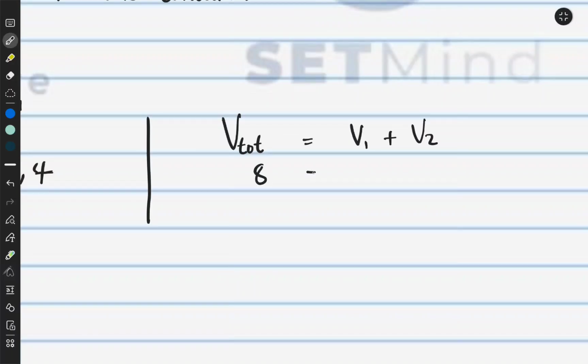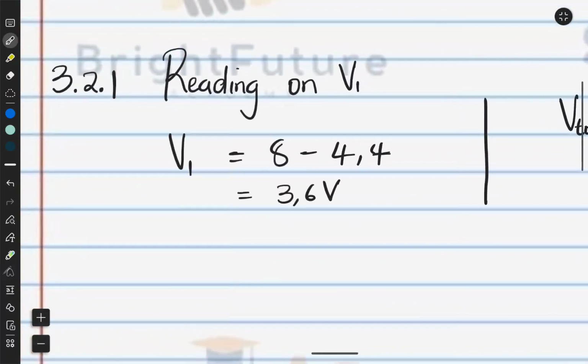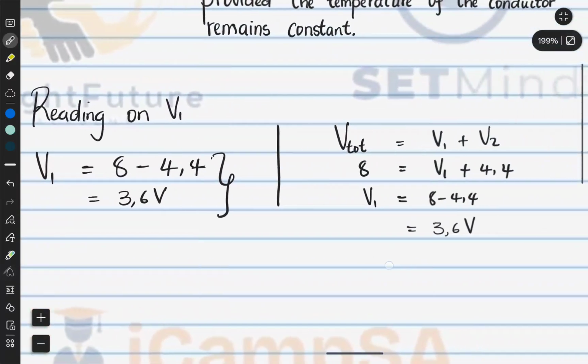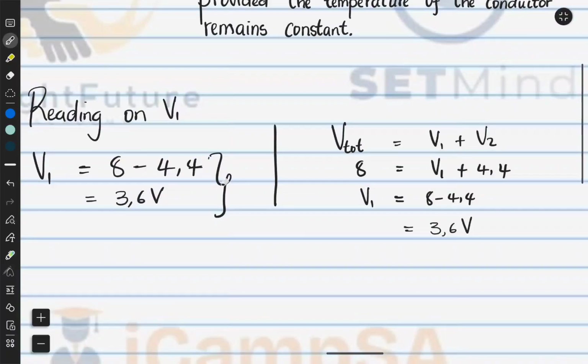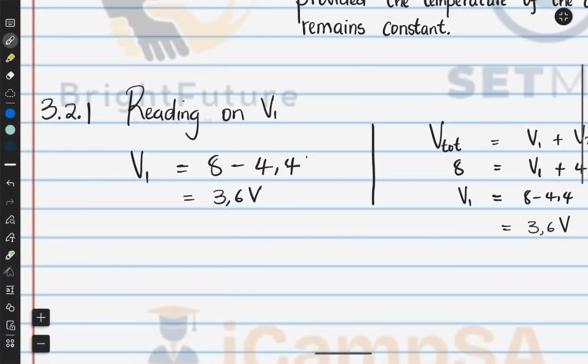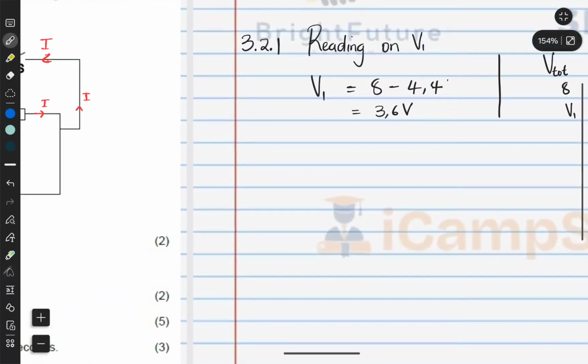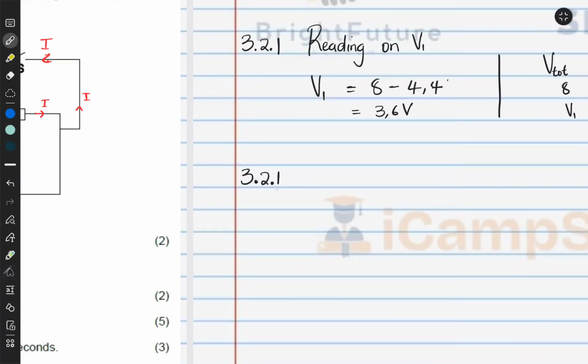We say 8 is equal to V1, which is what we're looking for, plus 4.4. And then you transpose and say V1 is 8 minus 4.4, which is essentially 3.6 volts. But for 2 marks, the short way is just fine. But if you want to take it step by step, you can write it the other way around. Still fine. All right, so this was a straightforward question. Let's go to 3.2.1.